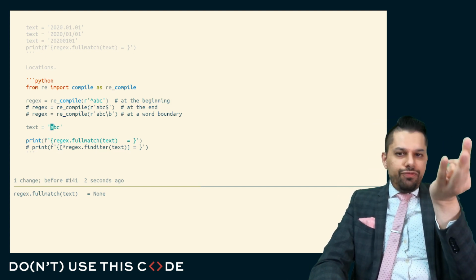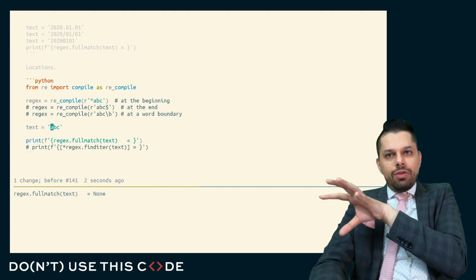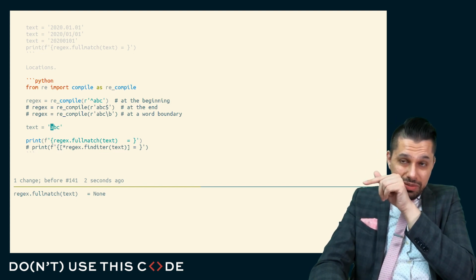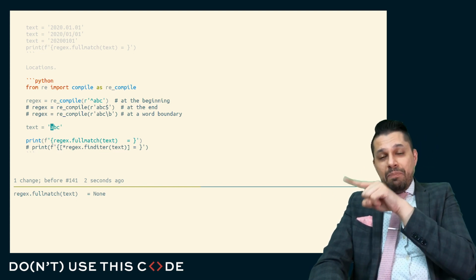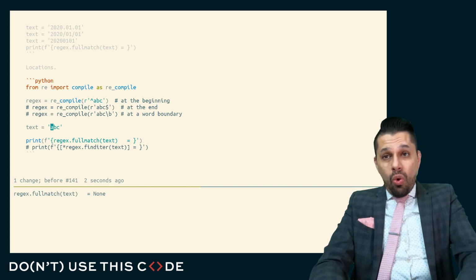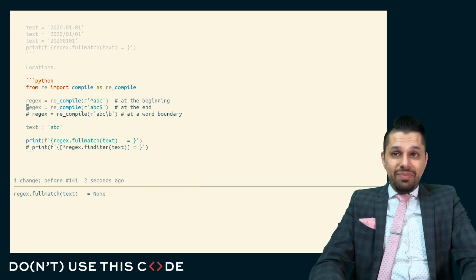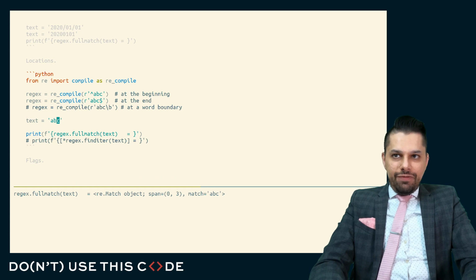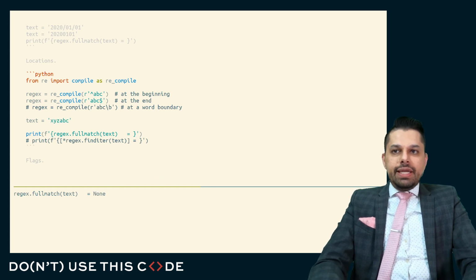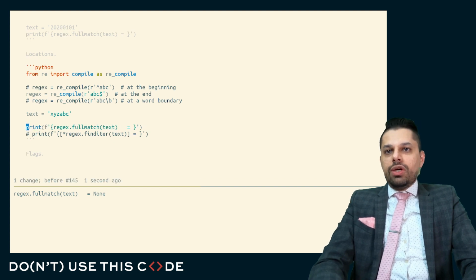Often finditer and fullmatch are sufficient, because you can specify the beginning or the end. Fullmatch actually implicitly means you have a caret at the beginning and a dollar sign at the end. The dollar sign means look for the match at the end of the string. So here you can see XYZ ABC. This won't fullmatch, but this will match a regular search.